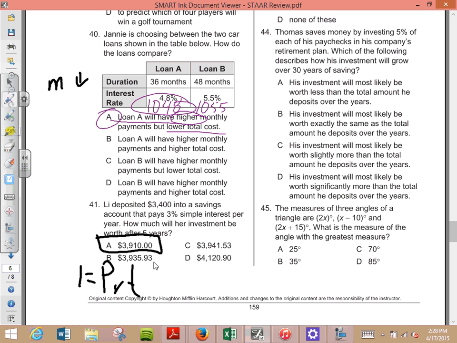That gives me 510. That's just the interest. Then I add it to the original deposit of 3,400, and I get my answer, which is B. Use this formula, people. Please use the formula. Whenever you hear the words simple interest and you're not continuously depositing, use the formula and that gives you the right answer.